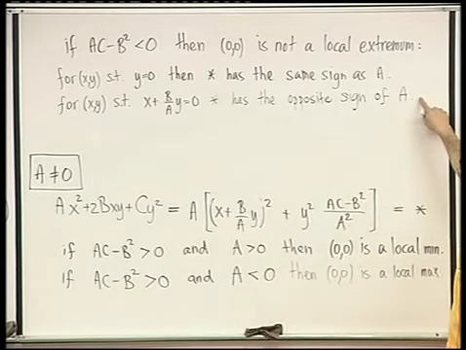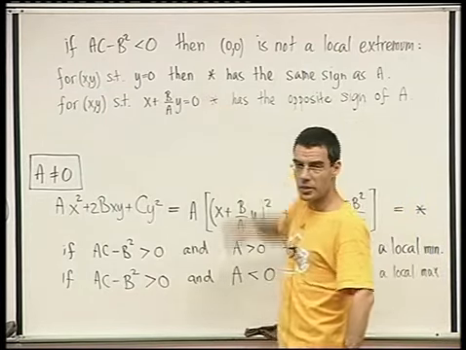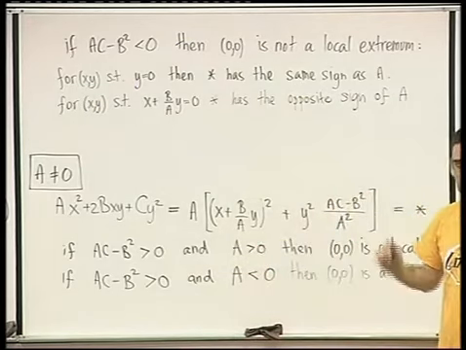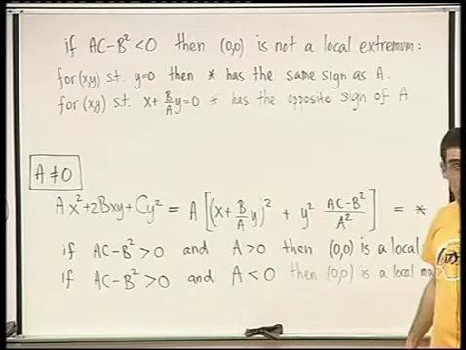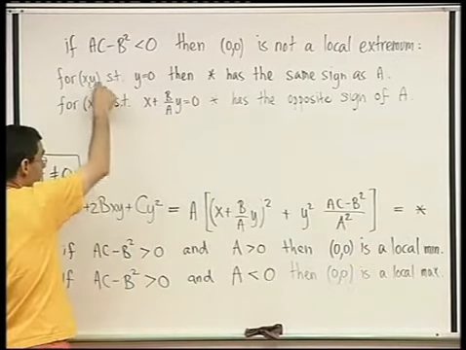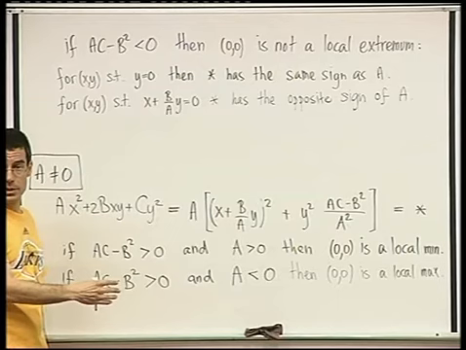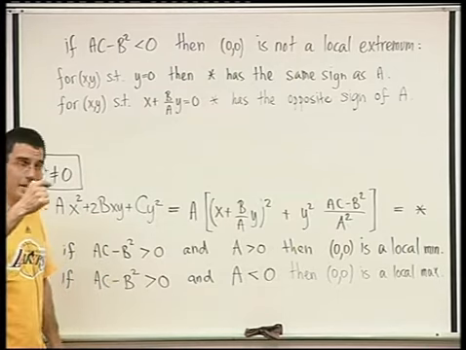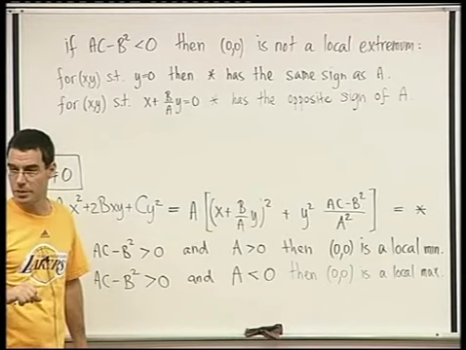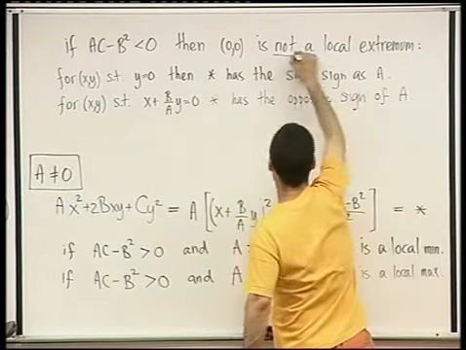So if a was positive, I can find points such that star is positive and such that star is negative. Likewise, if a is negative, I can find points such that star is positive and star is negative. Do you agree? So in this situation, I can find points at some of which it's negative, at some of which it's positive. It's not a maximum. For it to be a maximum, it has to be always negative. For it to be a minimum, it has to be always positive. Clear? Okay. So this is not a local extrema.